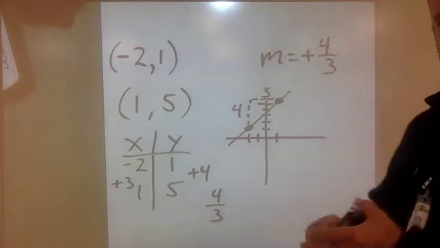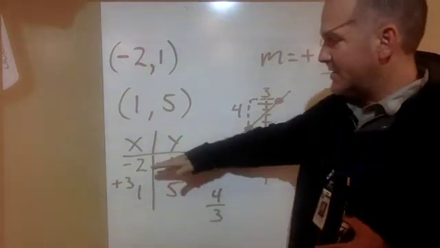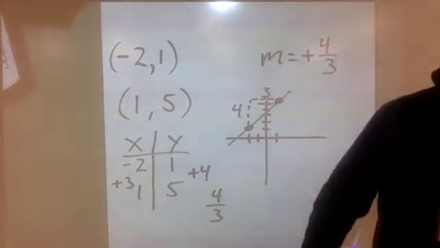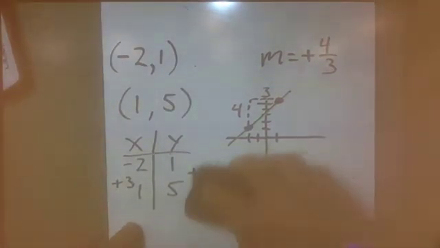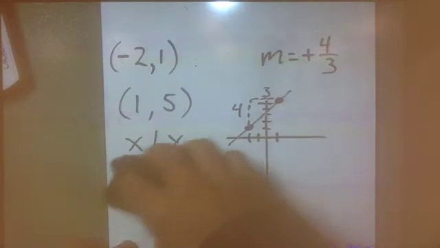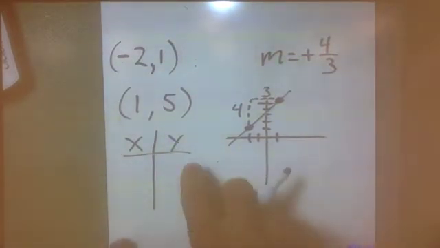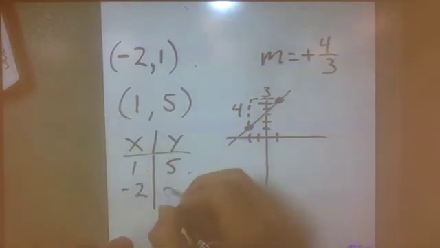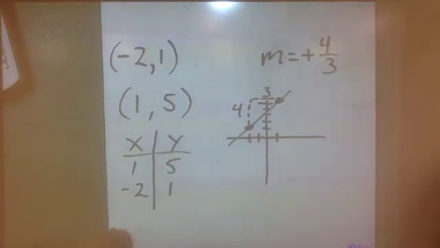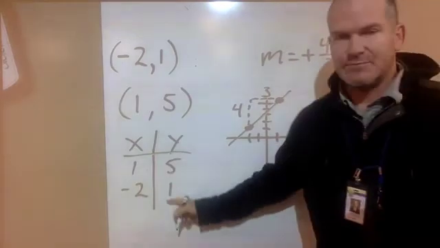Now, I always get the question, if you make a table, how do you know which point goes first and which point goes second? And the answer is, it doesn't matter. You could put either one first or second. So I'll switch the order just to prove it to you. If I put 1, 5 first and negative 2, 1 second, now to get from 5 to 1, I'm subtracting 4.